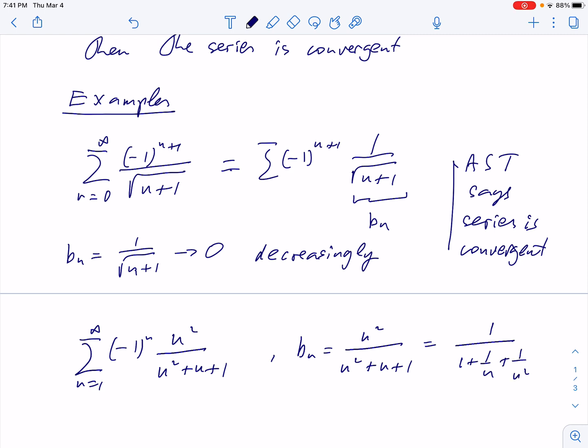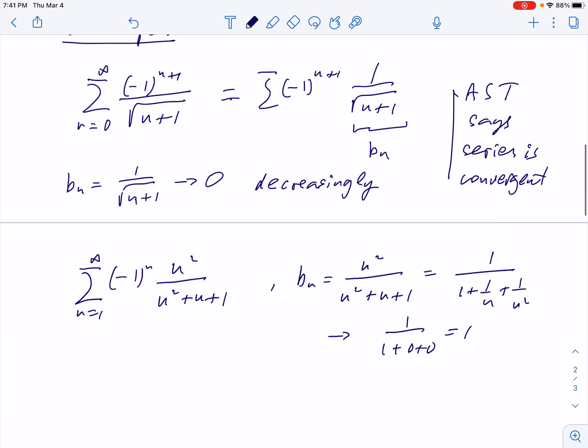And this has limit, and the limit is 1 over 1 plus 0, which is 1. So the limit is not 0. And this series is divergent. It's divergent because the general term does not approach 0. The general term is all this thing here. a sub n does not approach 0, divergent by divergence test.